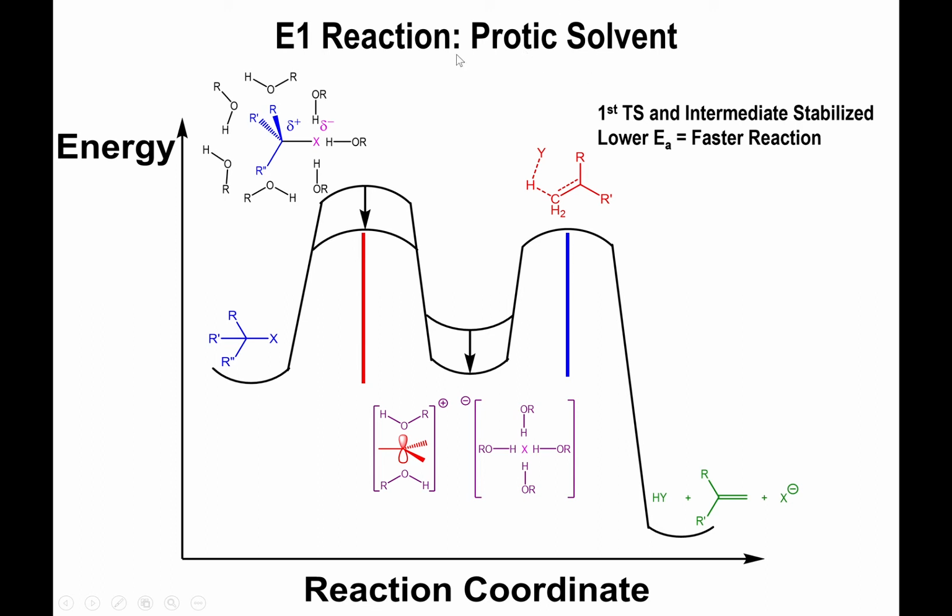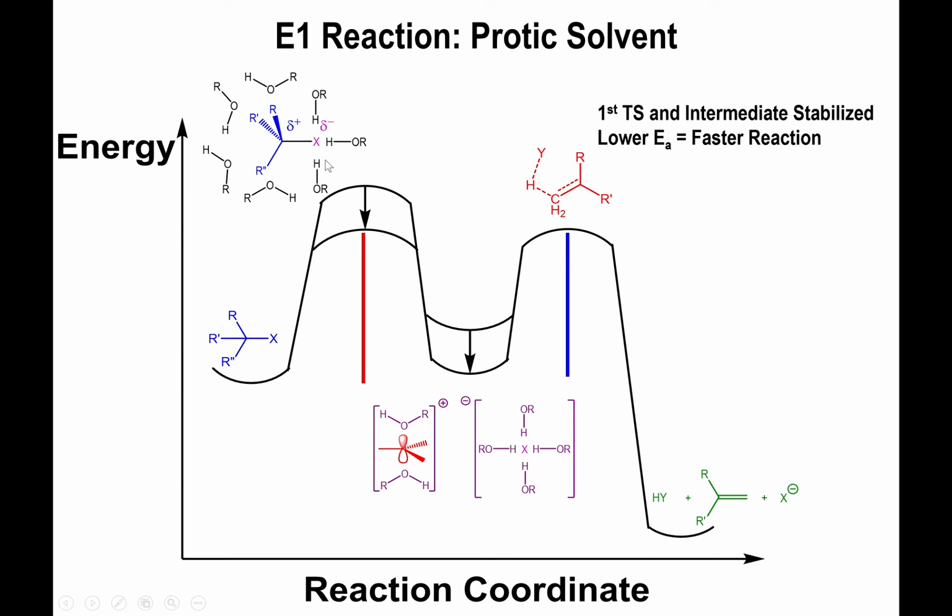Because if your solvent is protic, you're going to start solvating the substrate. And specifically, because you have those big delta pluses and delta minuses on your solvent, you're going to make a good case for the C-X bond right here to start developing that delta plus and delta minus charge, because it wants to increase the interaction of attraction between itself and the solvent molecules.